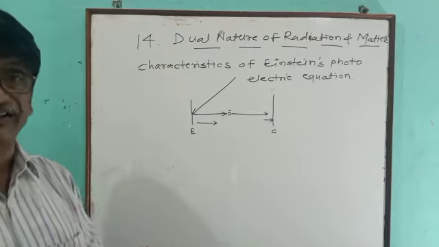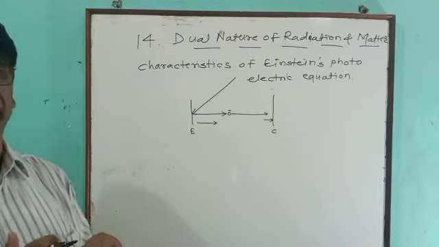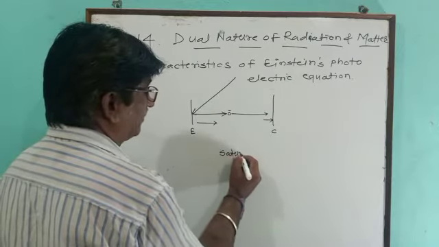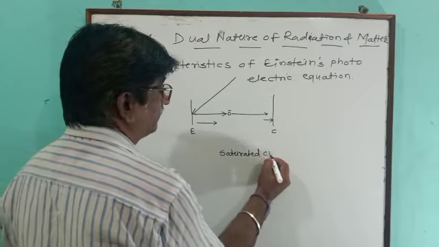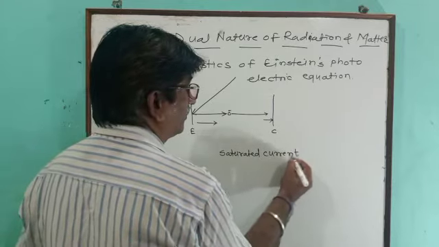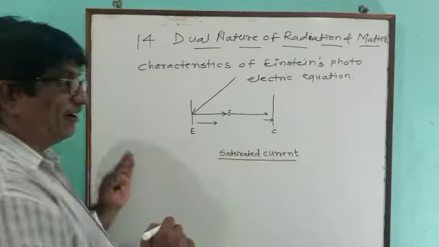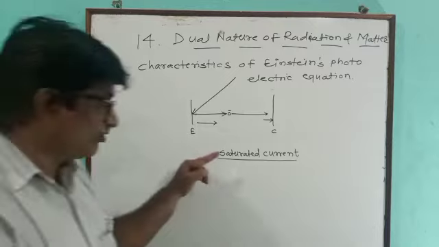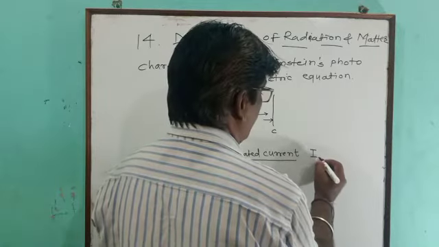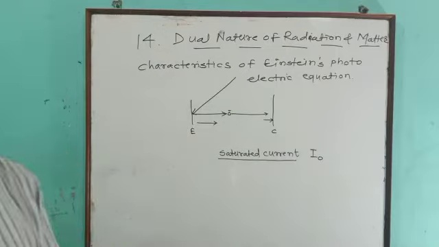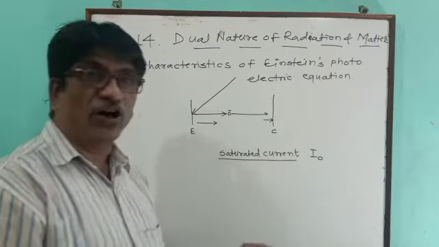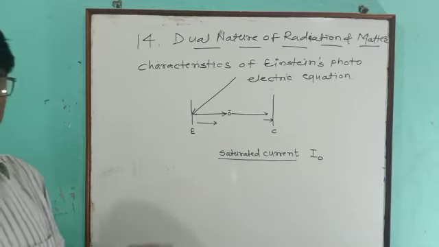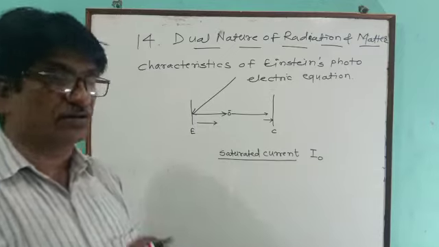Current will not increase beyond that limit, and such current is said to be the saturated current. This saturated current, represented as I0, depends on the intensity of incident light, keeping frequency constant.